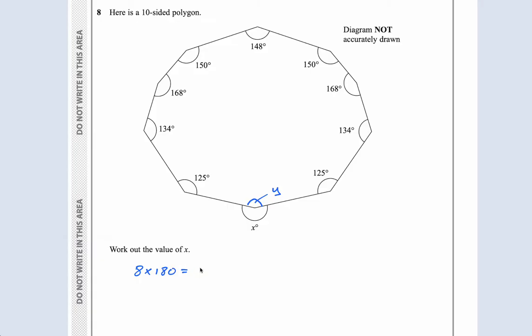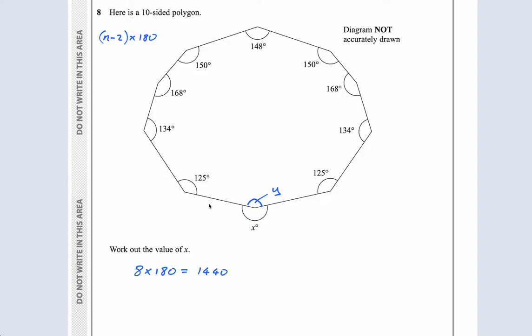That's 1440. How did I do that? Well, it's always n minus 2 times 180. So if I told you this was a 20-sided polygon, you'd multiply 180 by 18. If it's a 4-sided polygon, you multiply 180 by 2. So it's always 2 less than however many sides there are.